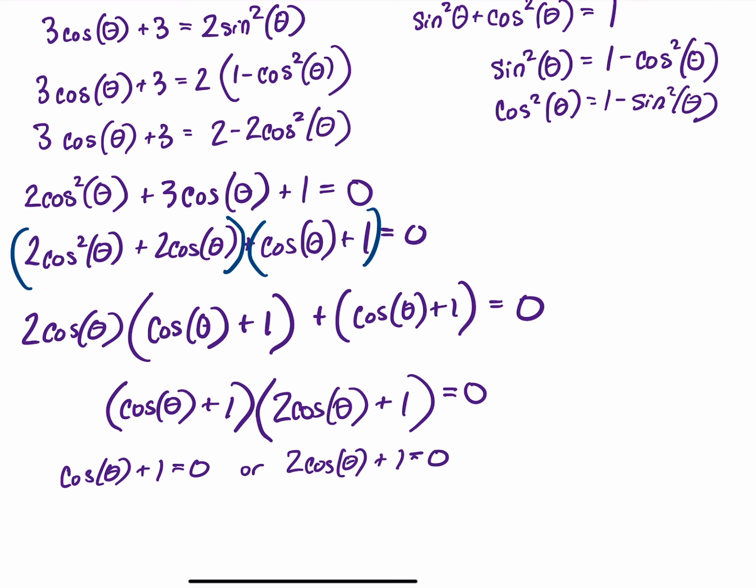So now I have two little trig equations. So let's solve each of these for the cosine. I'll subtract the 1 over, so cosine of theta equals negative 1. Or here I would subtract the 1 and then divide by 2.